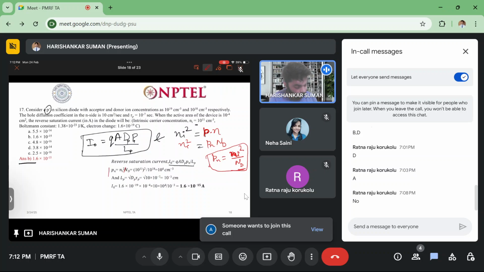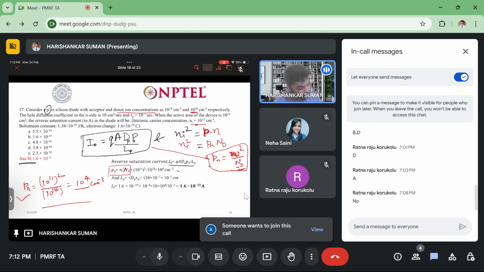Okay, so here is another expression. Please apply these two. Let me first find out the p_n. We have intrinsic carrier concentration 10 to the power 11, and donor ion concentration 10 to the power 18. This will give you 4 per cubic centimeter.